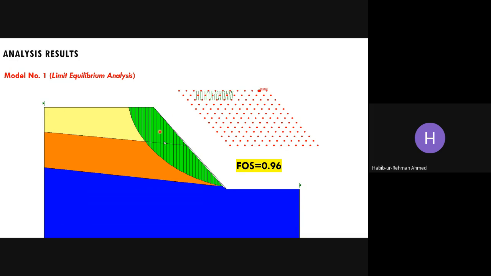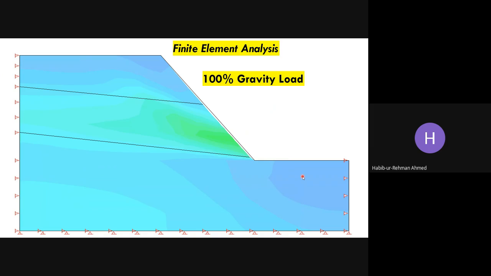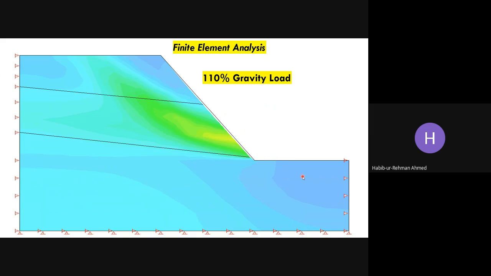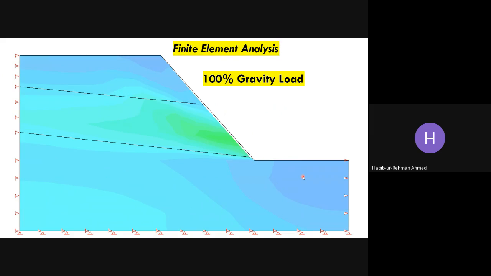So the parameters which I used for this one are showing that the slope should fail, if I use limit equilibrium analysis. Now if I go for the finite element analysis, I don't want to go into detail about this model, but how we measure the factor of safety, just to name it, we call it increase in the stress level methodology.